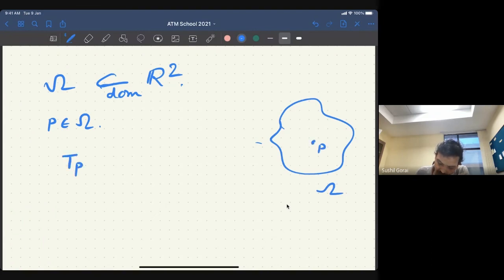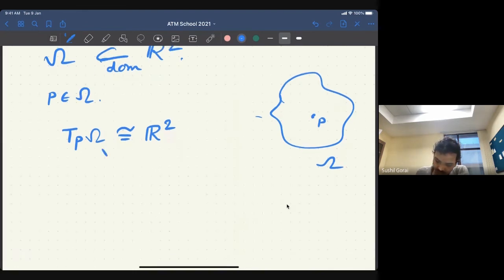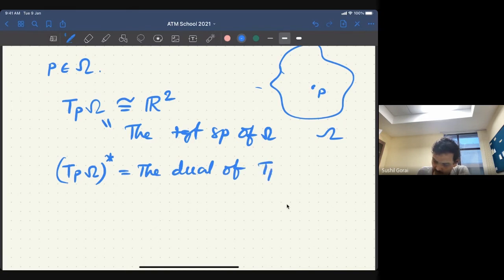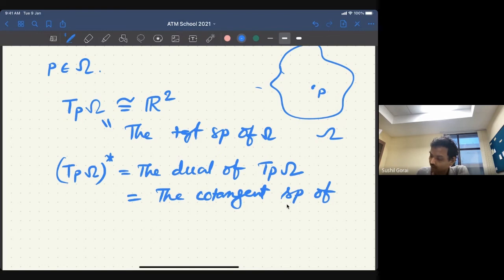One can consider the tangent space of omega at P. It is linearly isomorphic to R2 for each P. And since it is a vector space, one can take the dual of T_P omega, which is the cotangent space of omega at P.